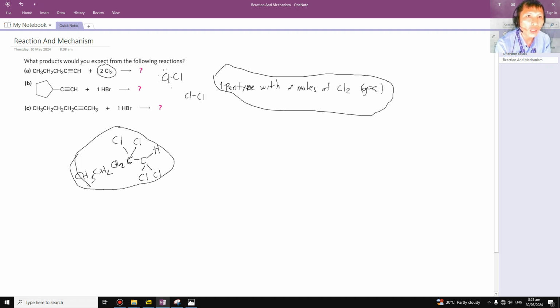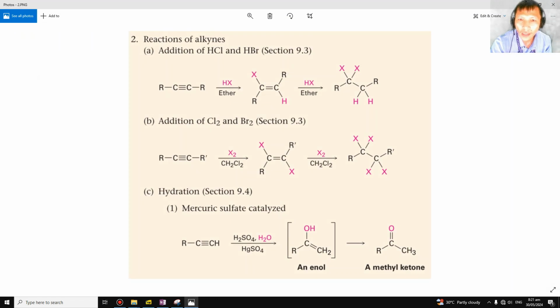What products would you expect from the following reactions? There might be other products, or you could also write this one. This one is also a product, but in our case, because we will be avoiding the details, because we are not chemists after all, we should only know how to read these manuscripts. So I will not be expecting you to give this.